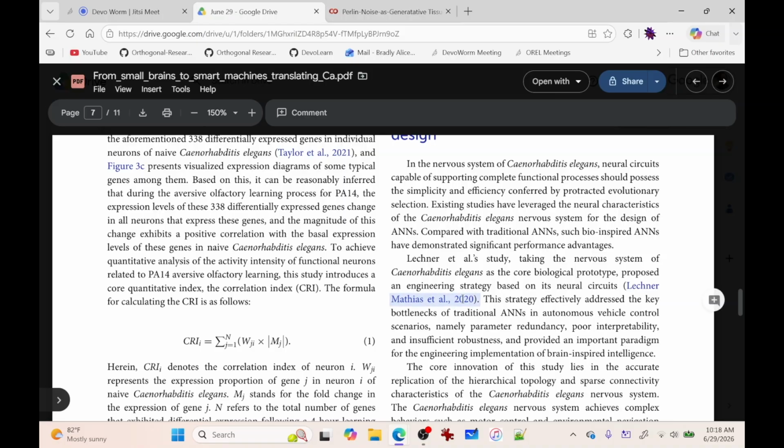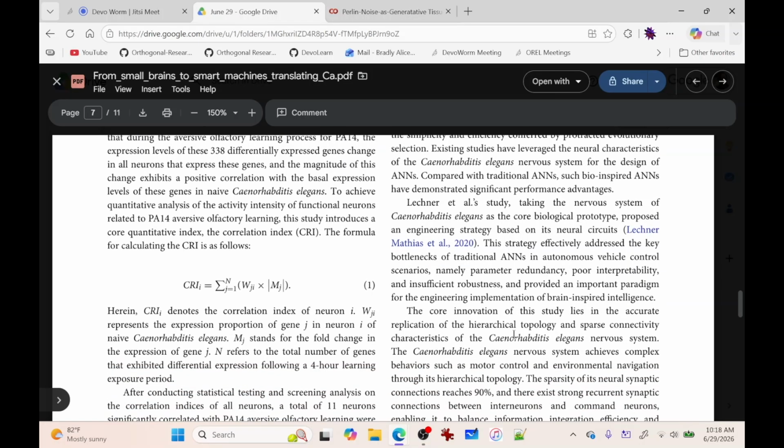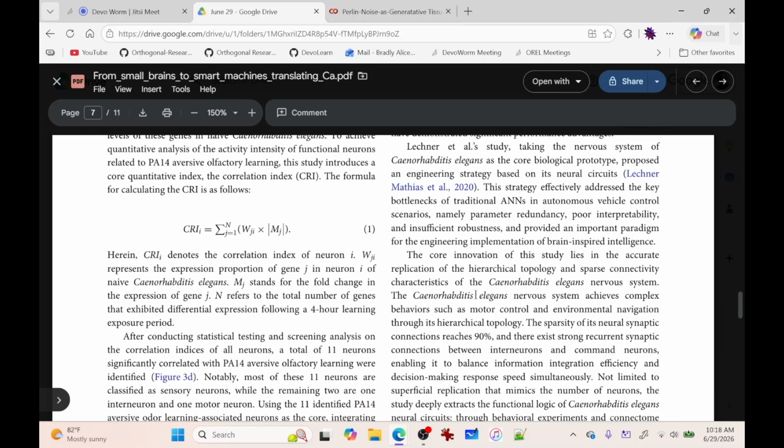The strategy effectively addresses the key bottlenecks of traditional ANNs in autonomous vehicle control scenarios, namely parameter redundancy, poor interpretability, and insufficient robustness. So the core innovation lies in the accurate replication of the hierarchical topology and sparse connectivity characteristics of the C.